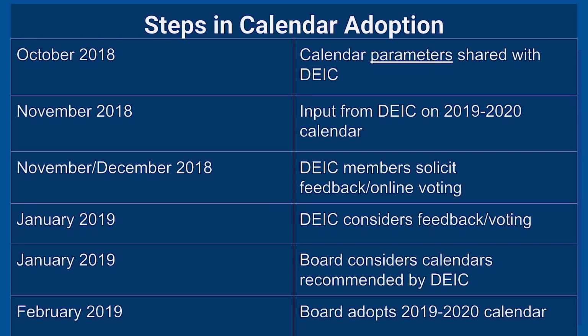Then we would anticipate DEIC looking at all of that input at our January meeting, and then potentially bringing that to the board to consider the calendar or calendars recommended, depending on how many there ends up being, by the DEIC, and then hopefully to vote on that calendar either in January or February, but hopefully for sure by February, depending on if you give us any additional work to do or change it up. So we could be voting on it in January. So with that, do you have any preferred adjustments or questions about the calendar?